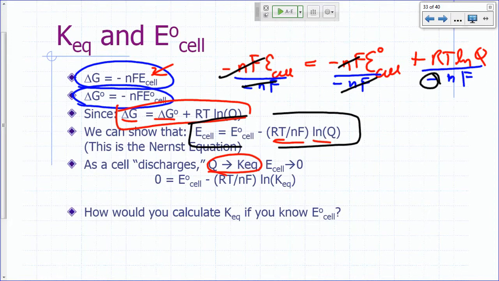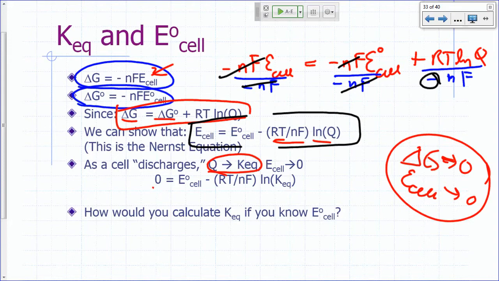And so, what do we know when it's approached KEQ? Delta G is going to approach 0, and your cell potential is going to approach 0. At equilibrium, when your battery is fully discharged, it's not going to put out any voltage. So delta G approaches 0, cell potential approaches 0.